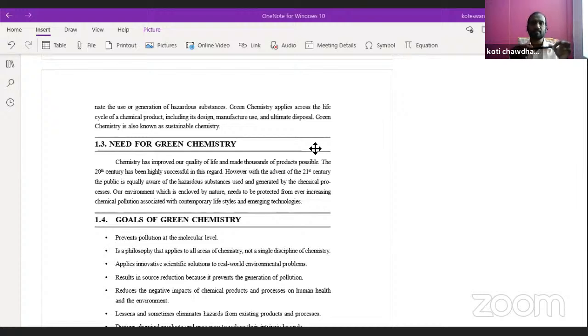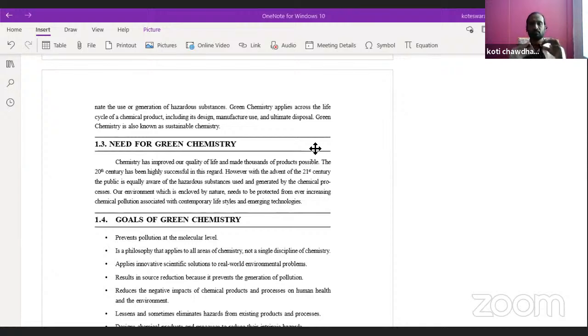Then what is the need of green chemistry? Green chemistry is a necessary thing because whenever we are coming to the chemicals or chemistry part, most of the products used by human beings are sometimes hazardous and sometimes environmentally harmful, and sometimes may harm the users also.